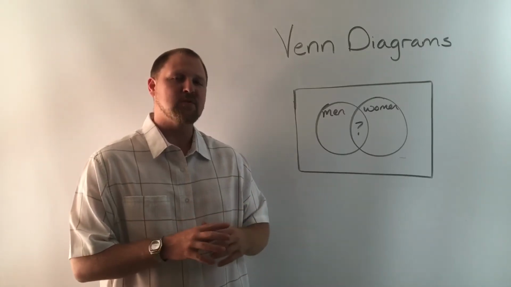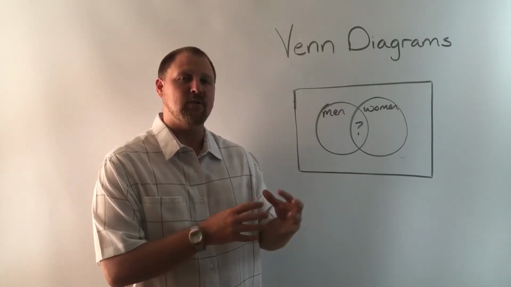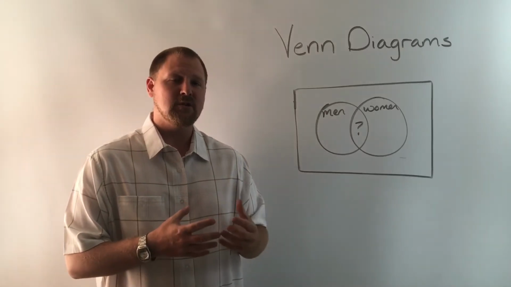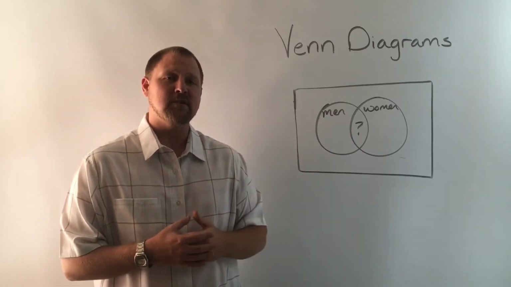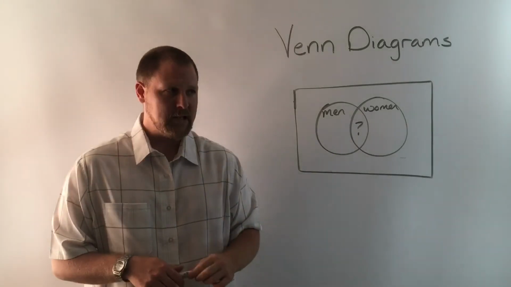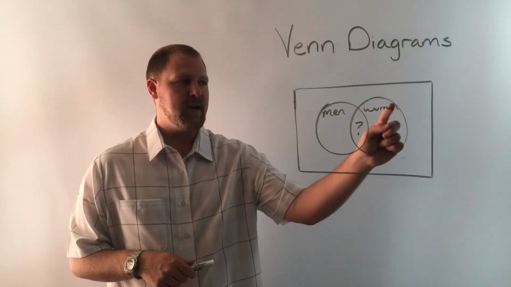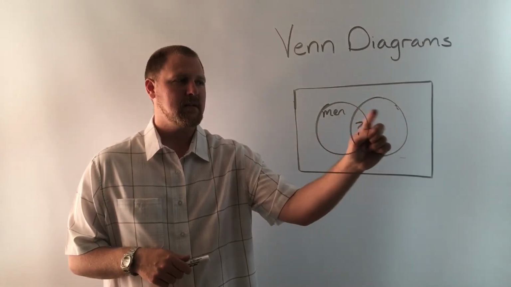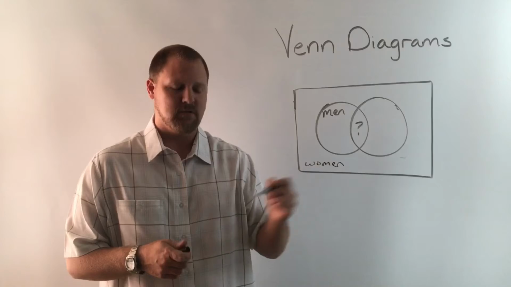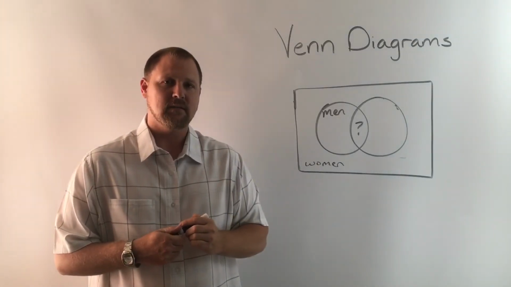And a lot of times, whenever you start talking about the categories in a survey, how do you set up your Venn diagram, your students will say, well, you need to have a circle for men and a circle for women. Well, what really happens is that if you have a circle for men, then everything outside of the circle is women.